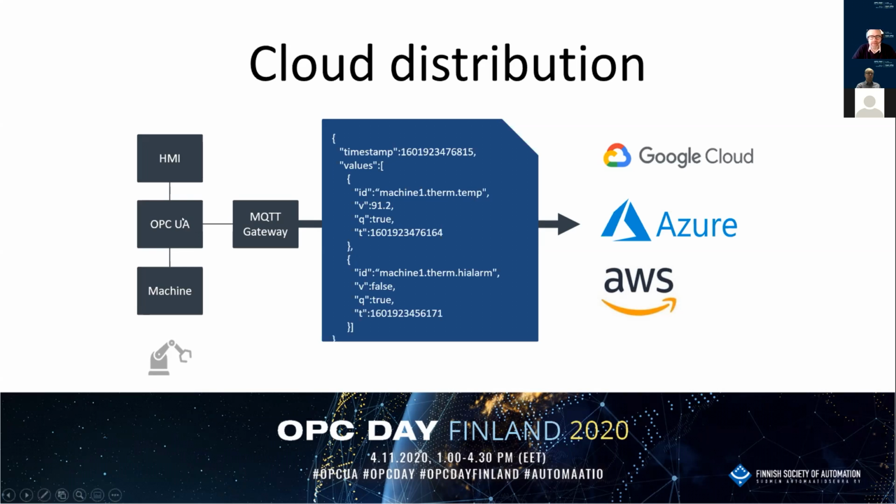So normally you have your tags, you send them via, for example, an MQTT gateway, in a typical document like this, a JSON document, where you see the timestamp for the document, the ID, that's pretty much the tag name, value, quality, and timestamp for this sample. So this is what's streamed up to the cloud, individual things.